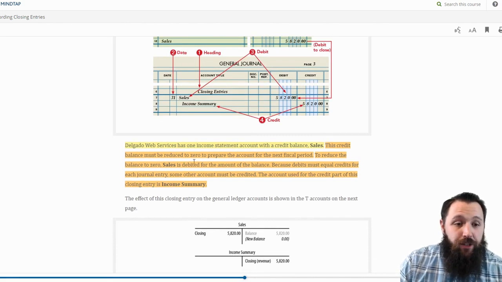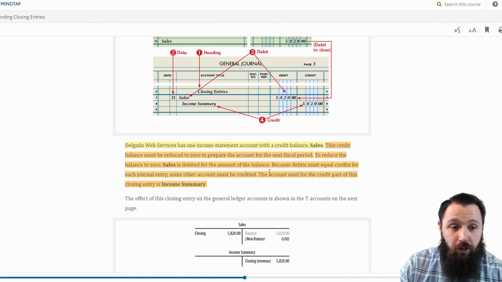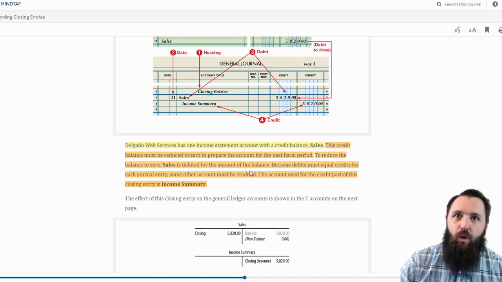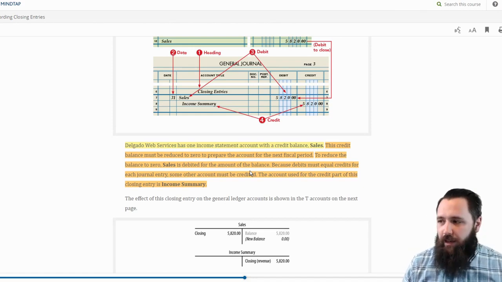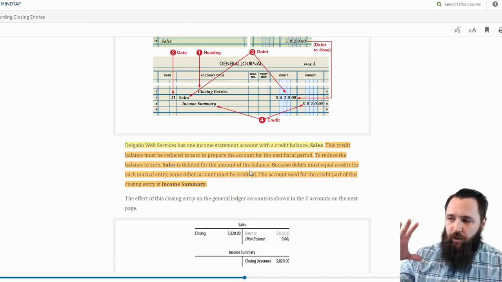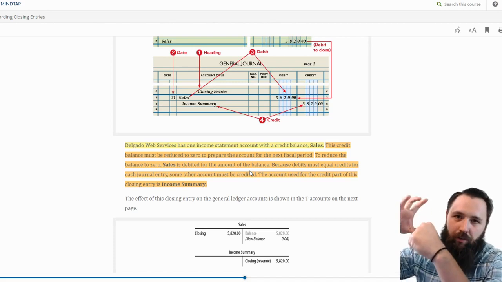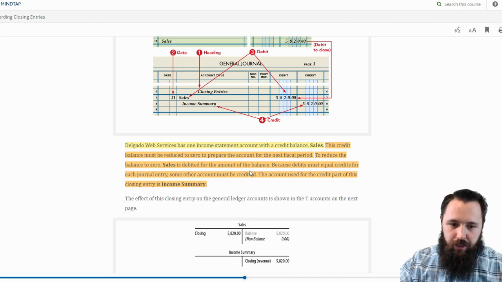This credit balance must be reduced to zero to prepare the account for the next fiscal period. To reduce the balance to zero, sales is debited for the amount of the balance. Because debits must equal credits for each journal entry, some other account must be credited. What other account is going to be credited? That's going to be the income summary. The income summary is just going to be eating up all of our revenues and all of our expenses.